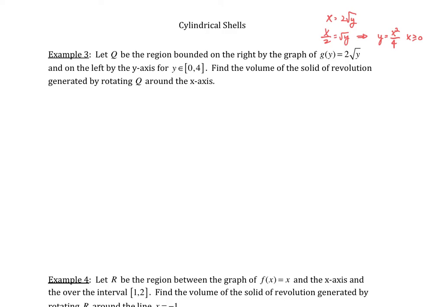So now I'm going to try to sketch a graph of the situation. So we're going to have a y-axis here like this. We're going to have our x-axis over here like this. Our y values are going to range from 0 to 4. So here's 0, here's 1, here's 2, here's 3, here's 4.